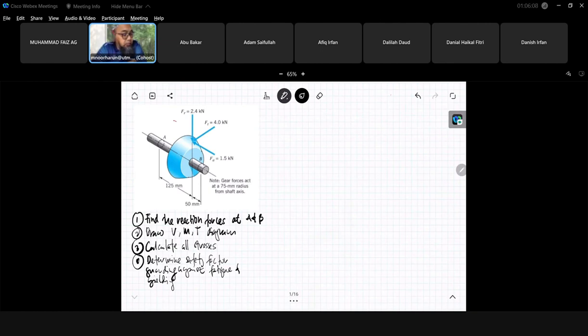So this is the bevel pinions. Bevel pinion, the pinions. Normally pinion is the smallest gear, mating with the largest gear. Because of bevel, it has certain angles. And then it has a shaft, okay?